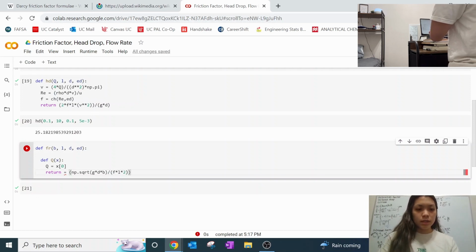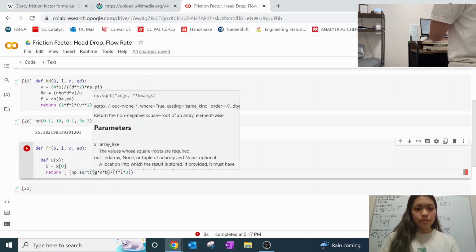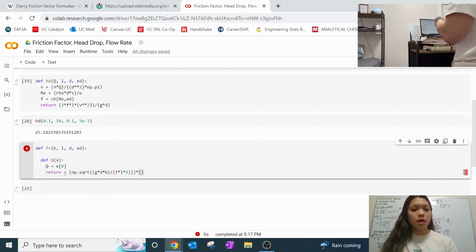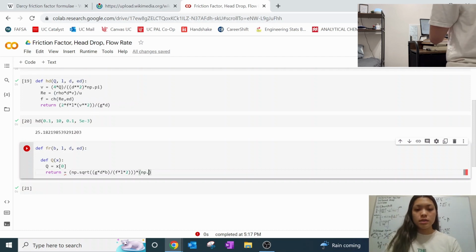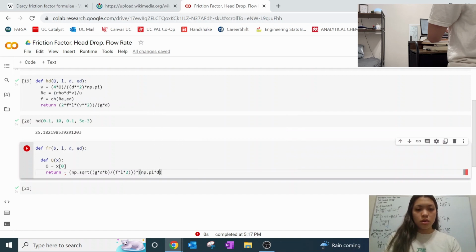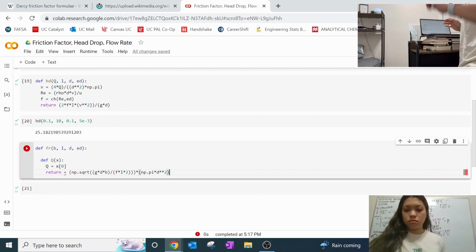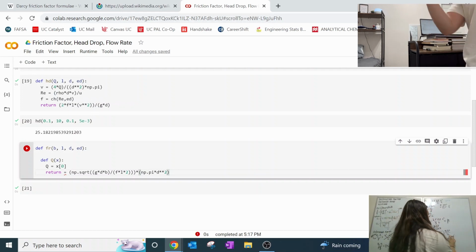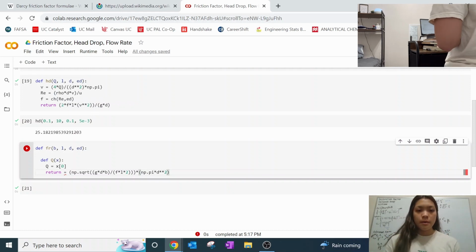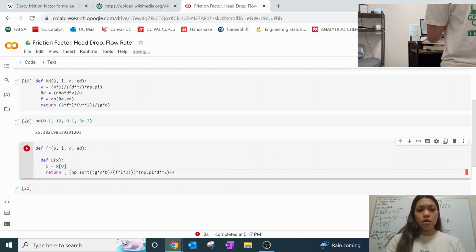So I want the square root of that entire value. And then multiplied by the area, so pi times the diameter squared divided by, that should be a 4 because we squared diameter over 2. My mistake. So divided by 4.